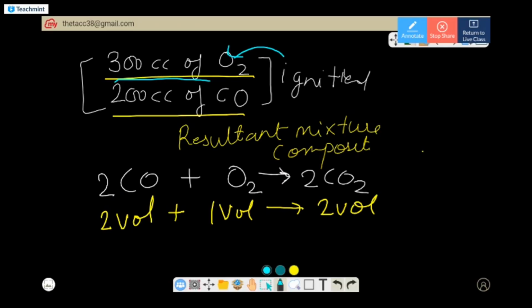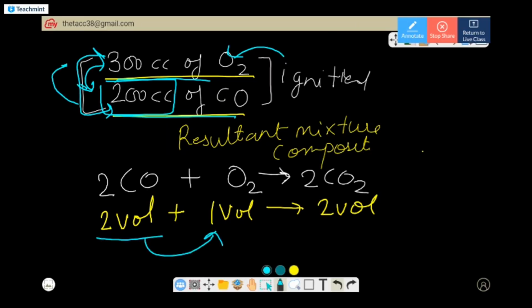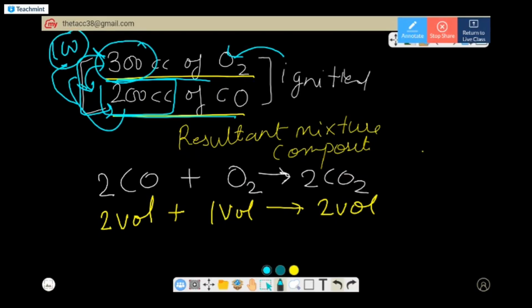According to the sample, 200 cc is CO, and without even calculation I can say that for complete combustion just half of it is required, because half of 2 is 1. Half of 200 is 100, but here 300 is given, so definitely oxygen will be extra and left out.